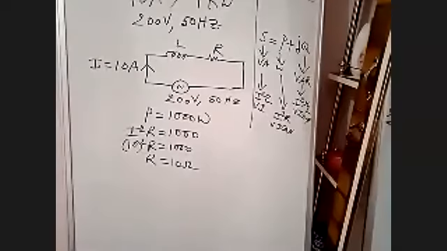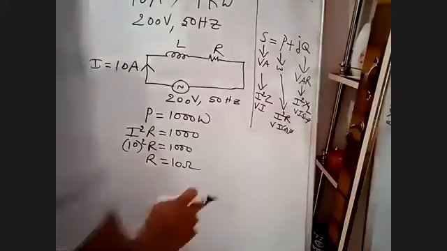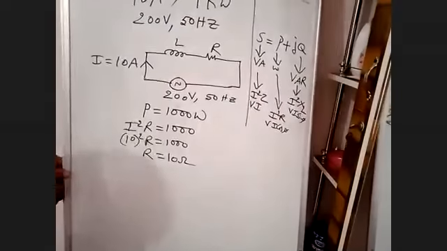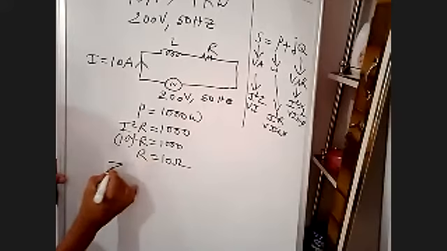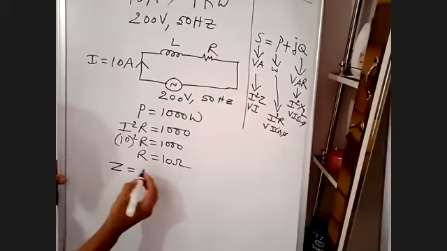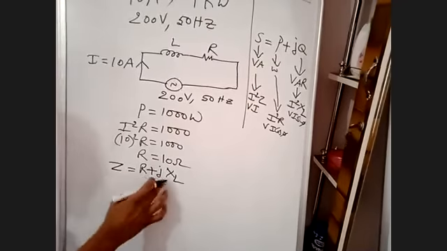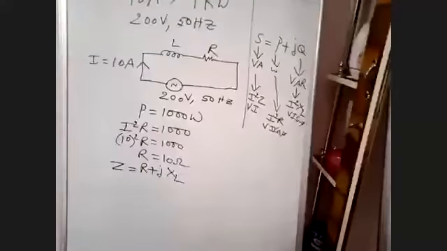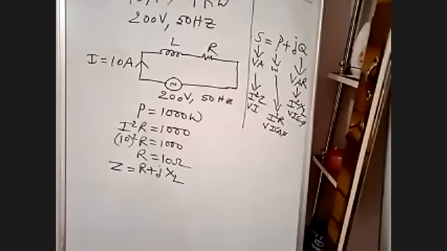First one is impedance in Cartesian form or rectangular form. Z is equal to R plus JXL, which is A plus JB. Your A is R here, and B is XL.